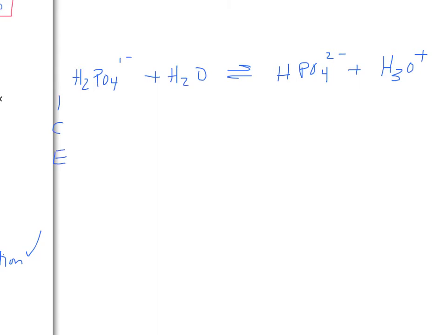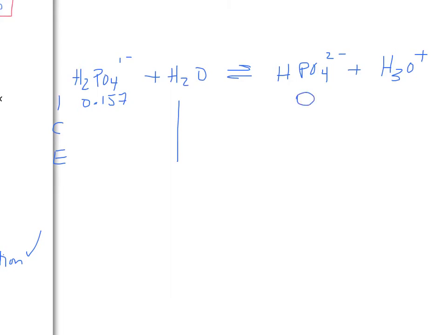Now, it will have an initial concentration only created by the first donation. In our other ice table, its concentration at equilibrium was defined as X, so it will equal 0.157.